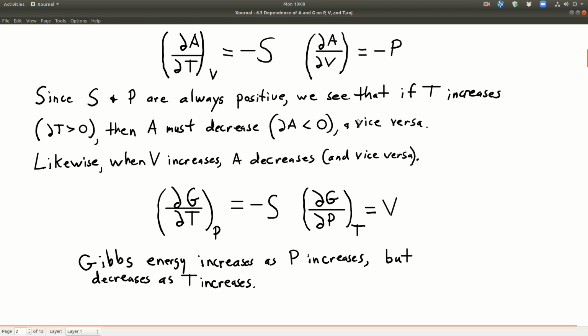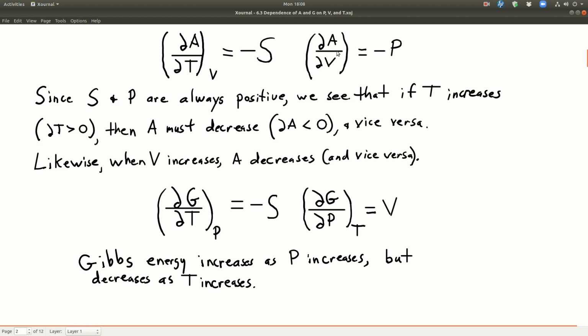So because entropy and pressure are both always positive, from these equalities we see that if temperature increases at constant volume, for this equality to hold true, the Helmholtz energy must be decreasing. Likewise, if temperature decreases at constant volume, Helmholtz energy must increase.